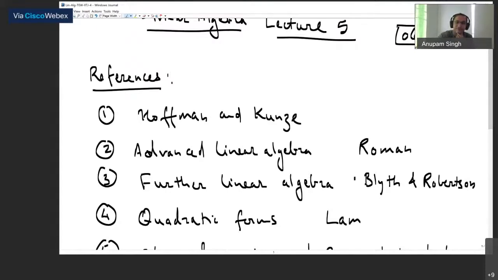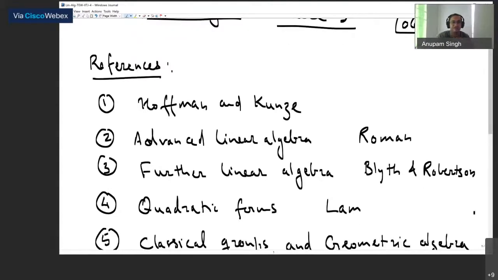A good textbook to learn this kind of material and much more is the book by Roman, Advanced Linear Algebra. It could be a little boring to read because it is purely written algebraically. But if somebody is interested in knowing advanced linear algebra and much more than what we are doing, they should certainly look at this book.